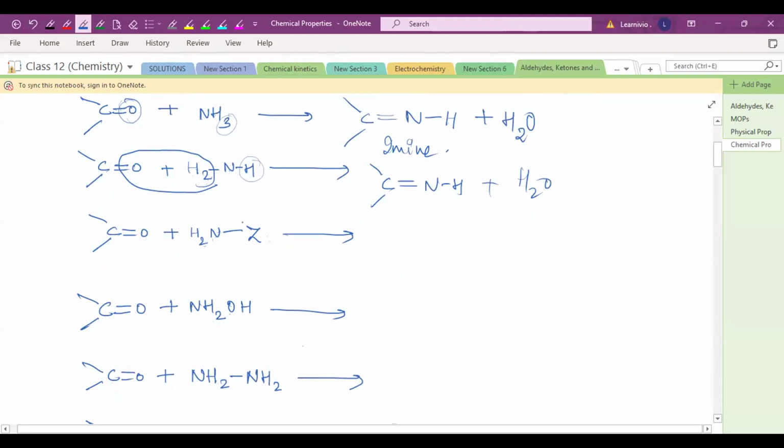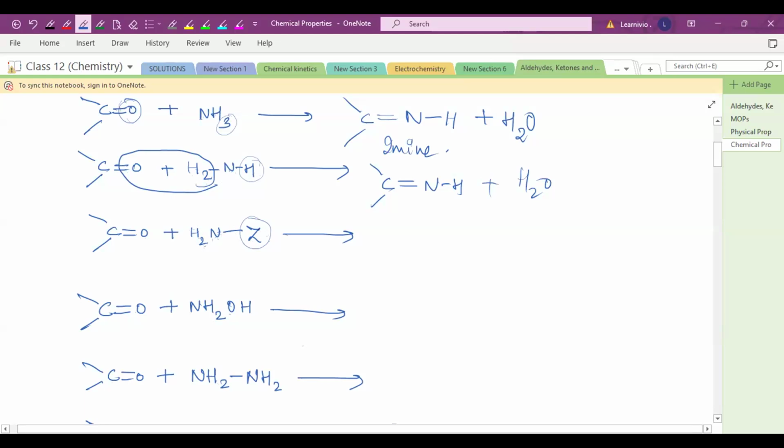So if I attach NH2, having replaced this hydrogen by a Z group, again the same mechanism follows. NH2 will be fixed in each and every reagent. This is fixed. What will change? This Z group will be changed.